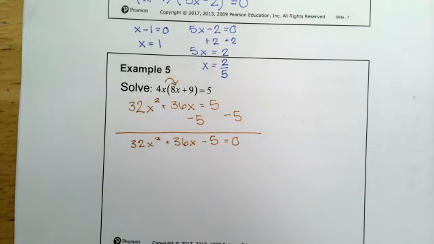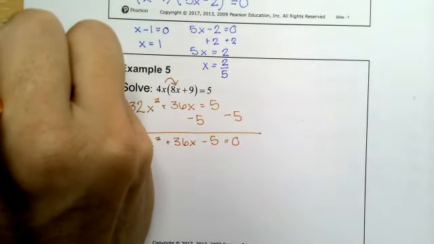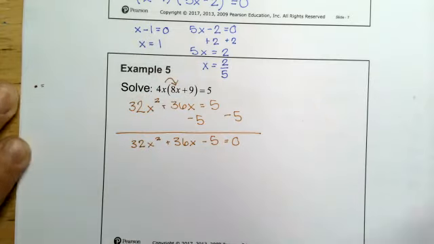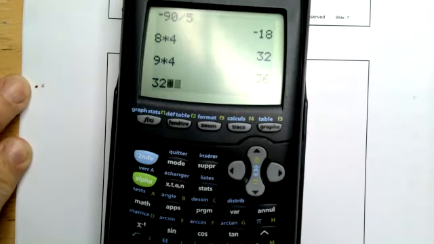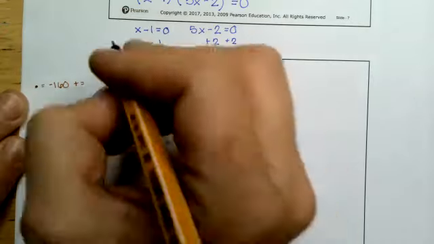Good. Now we're going to factor it. It's just so big. We have to multiply to equal 32 times a negative 5. We get negative 160, right? So it's going to multiply to negative 160, and it's going to add to equal 36.